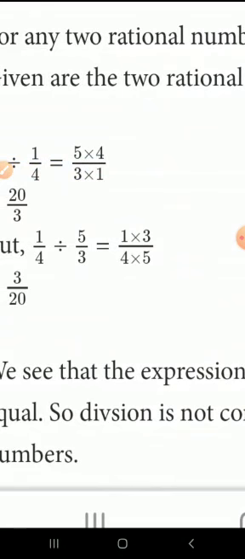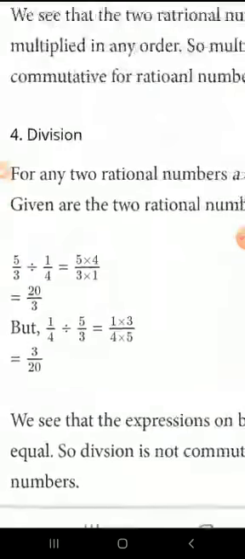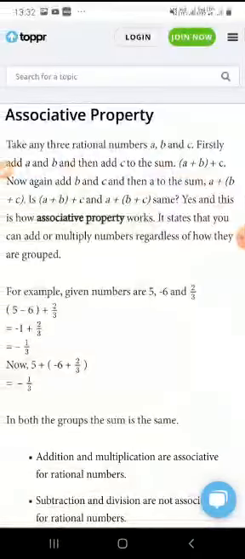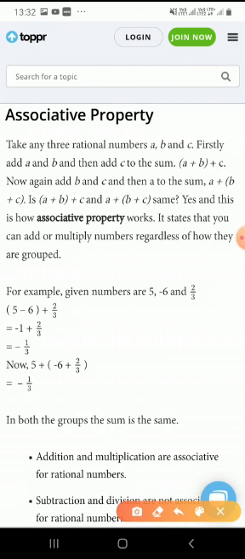Addition and multiplication are commutative for rational numbers, but subtraction and division are not commutative for rational numbers. Let us come to the third property, that is the associative property. In the associative property, we will take up three rational numbers, a, b and c, and then we are going to add them in this order, a plus b plus c.